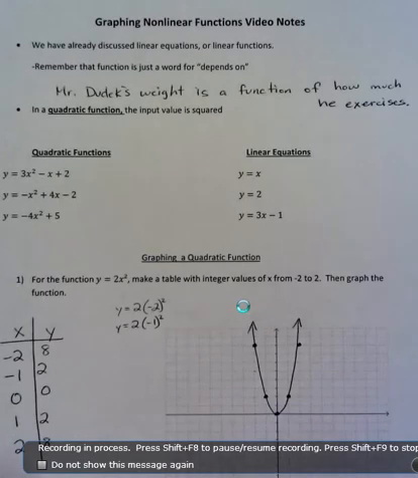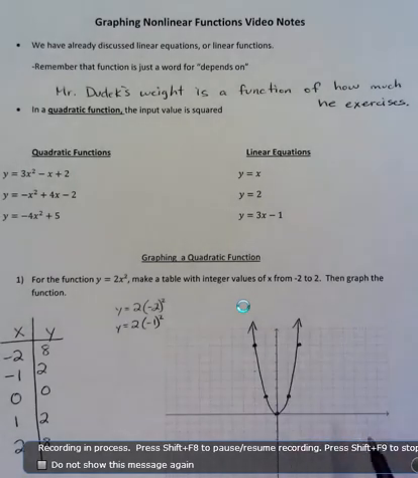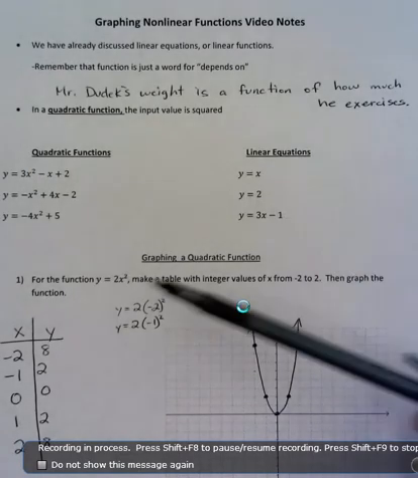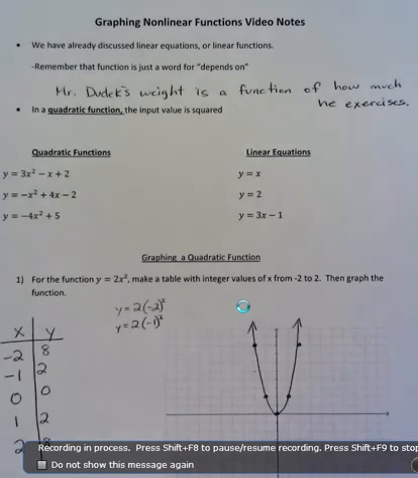So you might wonder how I knew that this was going to be some sort of U shape. I could have told you that right off the bat. The thing is, this U shape right here, first of all, we call it a parabola. And I can tell you that any time you have a quadratic function, your graph is always going to be in some sort of U shape or some sort of parabola.